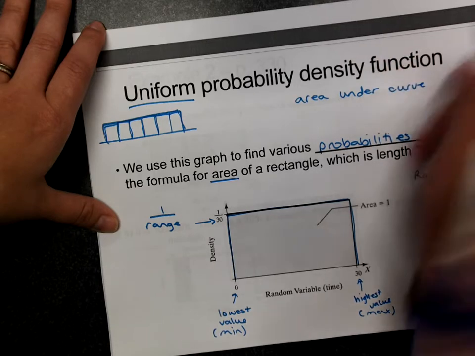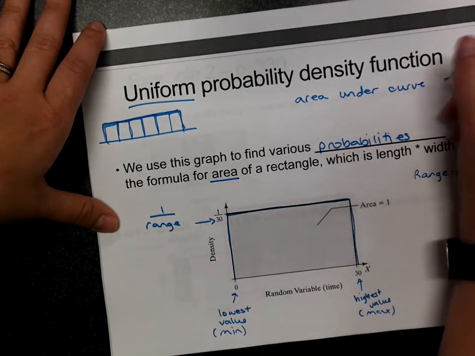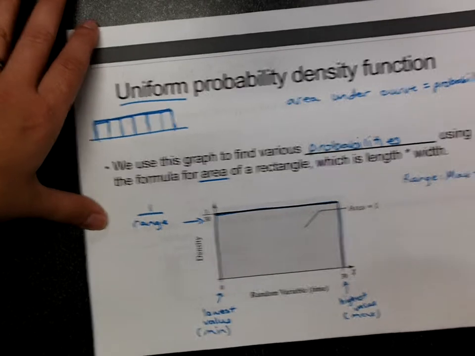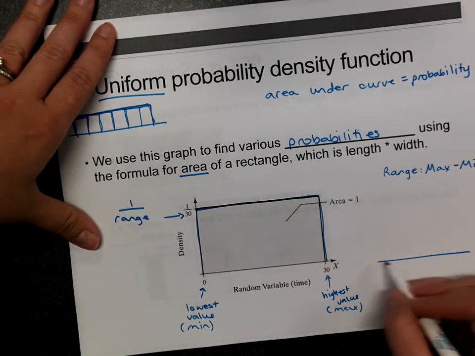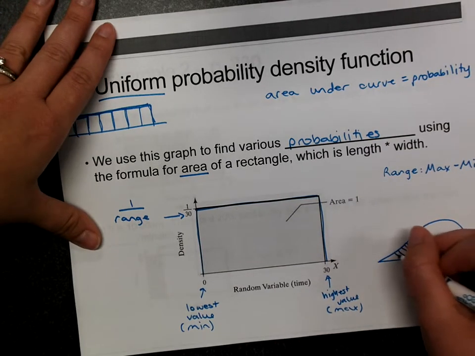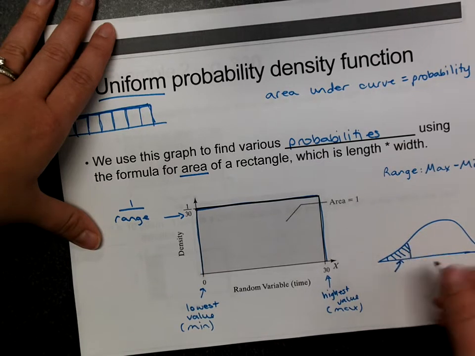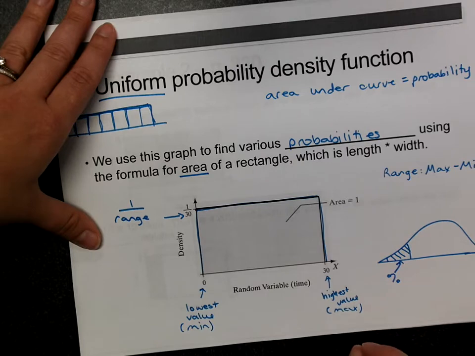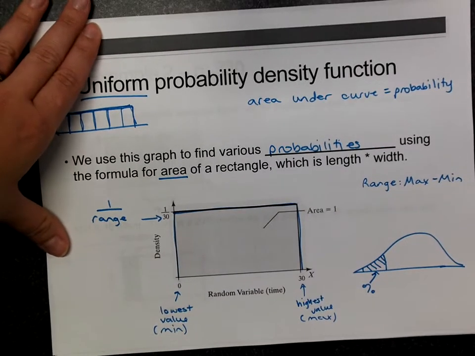This isn't really a curve, it's a box, but the area under the curve is the probability of the event occurring. So when we draw a bell curve, the same thing is true. When we draw a bell curve, the area that we're shading represents the percentage of data that falls in that region. So it's the same idea, except it's a rectangle.